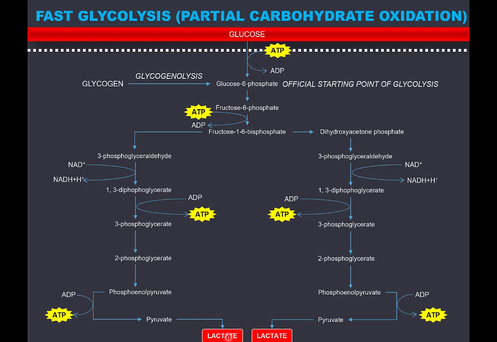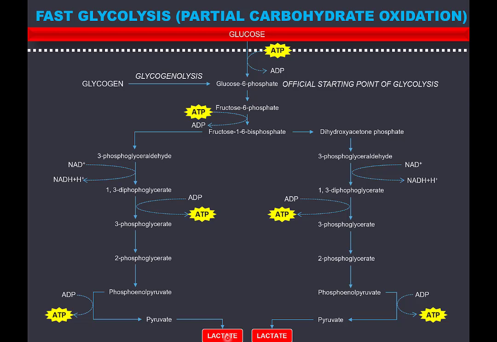In other words, full carbohydrate oxidation, so full glucose 6-phosphate oxidation, involves the continuation from glycolysis into the aerobic system. But for now, we are talking about partial oxidation, which is completely anaerobic, meaning fast glycolysis and the production of 2 to 3 ATP from one single glucose 6-phosphate does not require oxygen, so it is anaerobic.